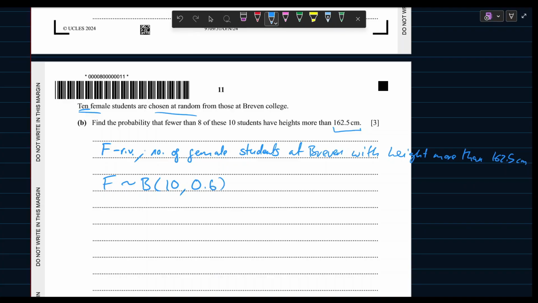And we want to find the probability that fewer than 8 of these 10 students have a height more than 162.5. So fewer than 8, which we can write as 1 minus the probability that F is greater than or equal to 8. So here we're going to evaluate 8, 9, and 10.